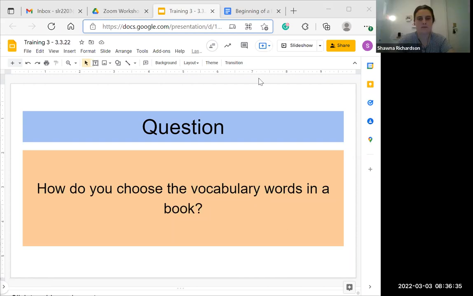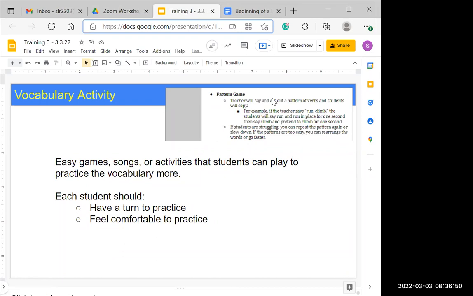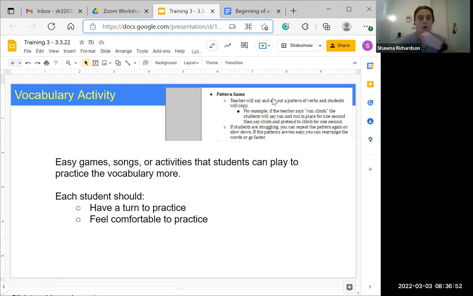Thank you. All right, just for the sake of time, we're going to move to the next part of the beginning, which we like to do after you introduce the vocabulary. It's a vocabulary activity. It can be some sort of game, movement activity or talking activity where students can practice the vocabulary words more.